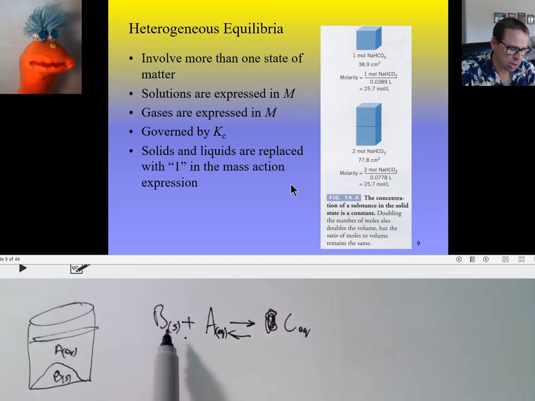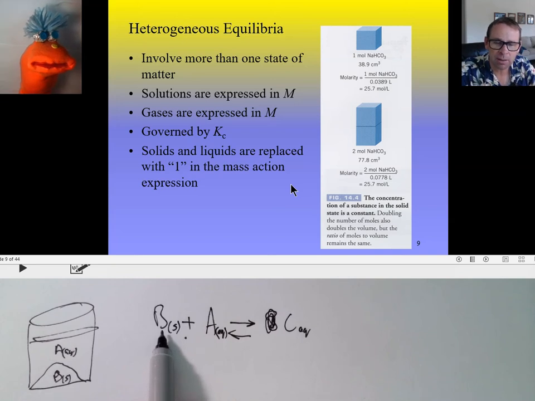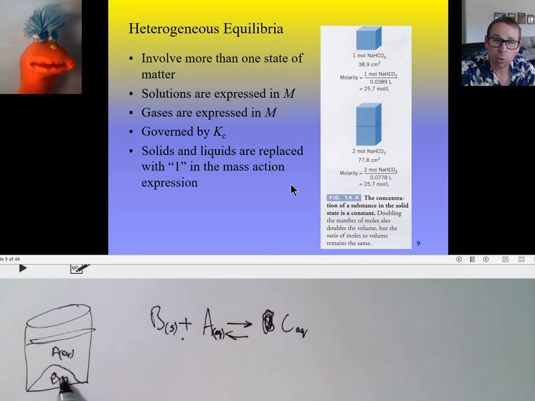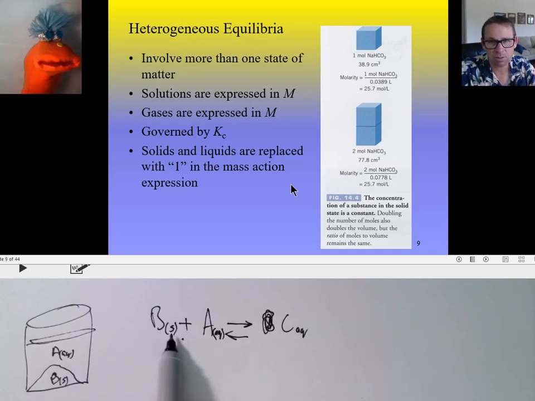If we change the concentration of B and put more solid in here, that won't influence the reaction's equilibrium. Because if it's solid, that means a high percentage of that material is not able to react. And increasing that concentration of solid isn't going to change the rate of this reaction.